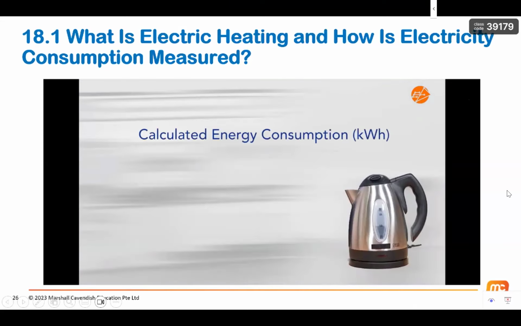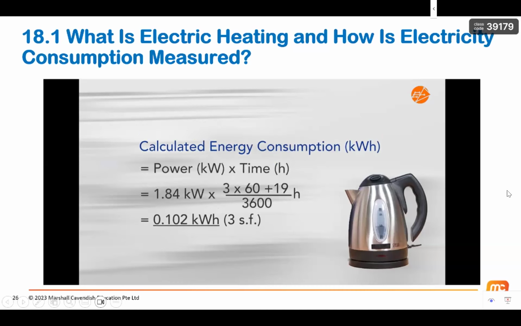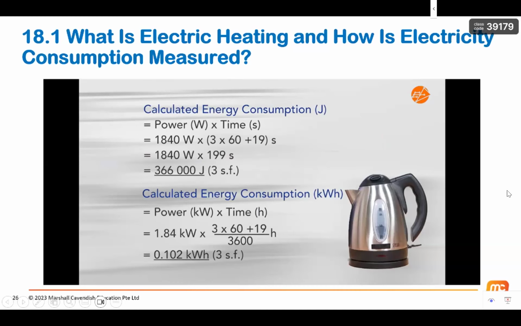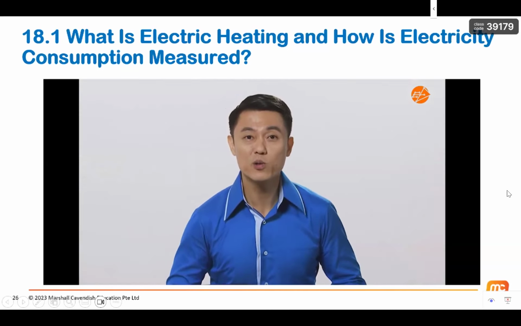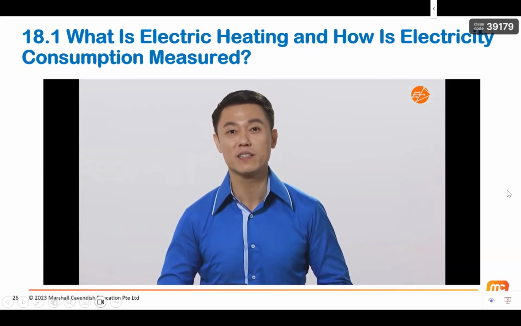The energy consumption in kilowatt hours is calculated as the power in kilowatts multiplied by time in hours. This gives a value of 0.102 kilowatt hour. You see that calculating in kilowatt hour gives us a much smaller value that is easier to compute. Let's compare this value to the actual energy consumption using the readings from the electricity meter.